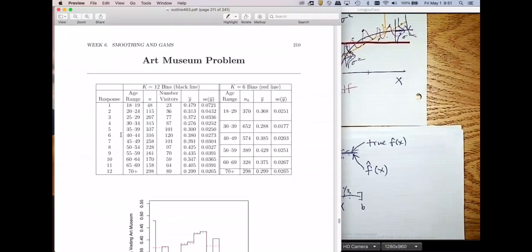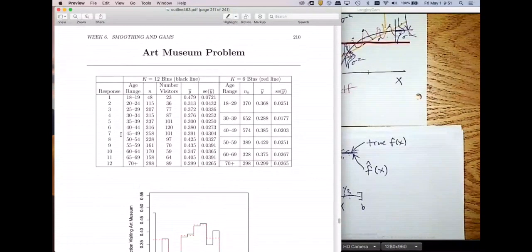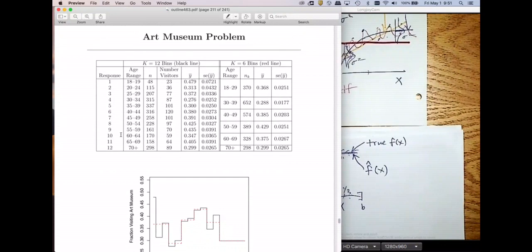So just a couple quick examples here. Number one, we have this art museum problem where I had a survey and we asked people, what is your age? So they reported their ages in these buckets on my survey. So we had a bucket 10 to 20, 20 to 24, 25 to 29, very common to have such buckets on a survey.